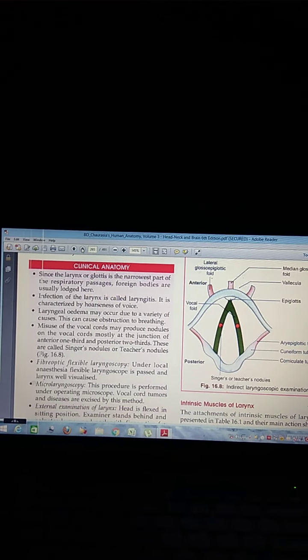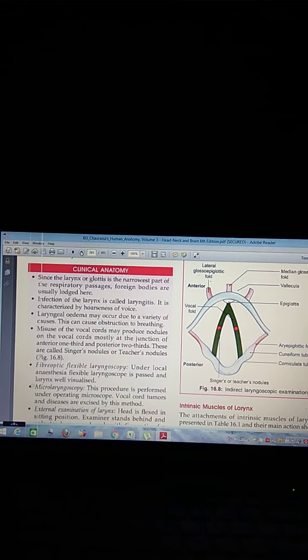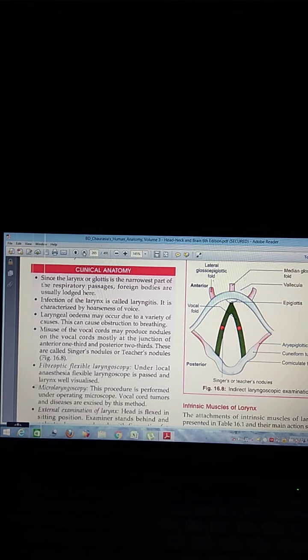Now, clinical anatomy. Since the larynx or glottis is the narrowest part of the respiratory passage, foreign bodies are usually lodged here. Infection of the larynx is called laryngitis. It is characterized by hoarseness of voice, and laryngeal edema may occur due to a variety of causes.